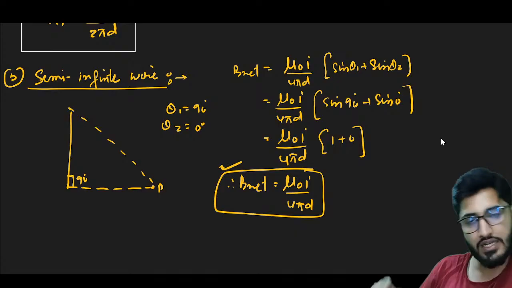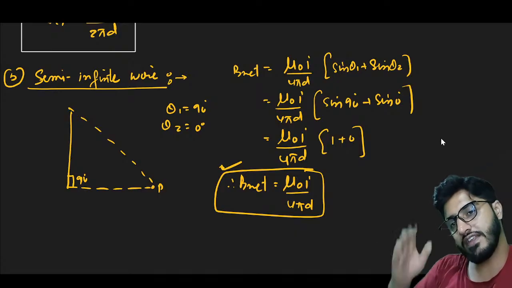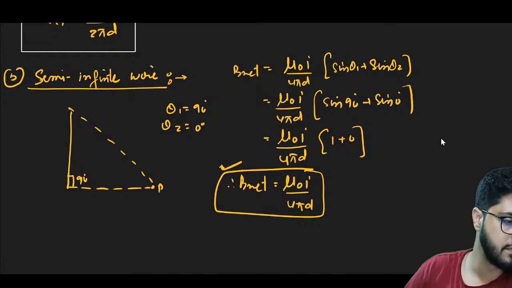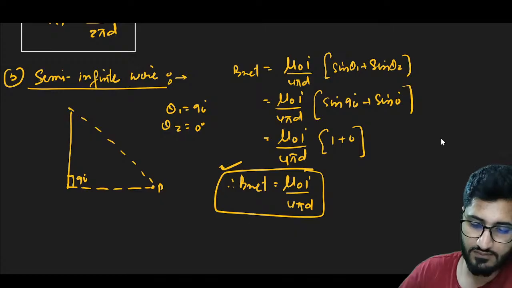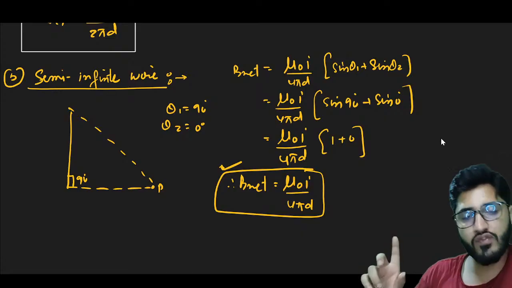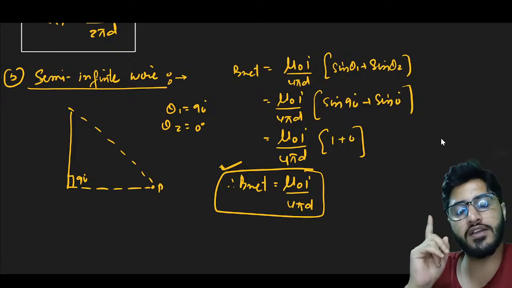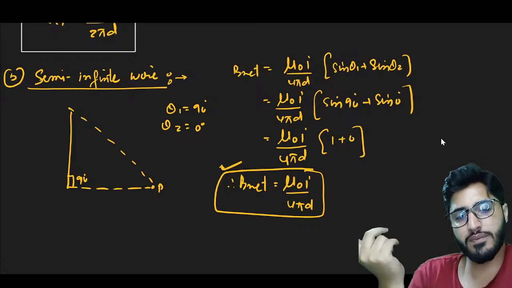Then the infinite wire should be clear. For the infinite wire, we need to remember this now: mu naught I by 4 pi d, sine theta 1 plus sine theta 2. From the numericals perspective, we have to change it.